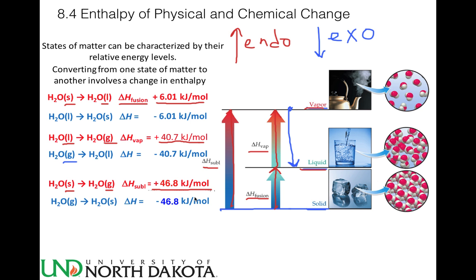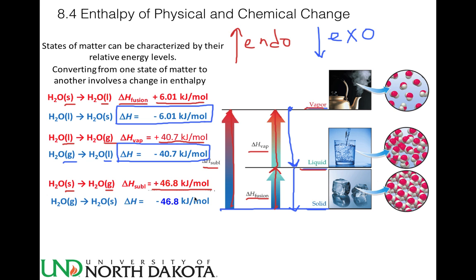Going from a gas to a liquid has a negative delta H that is the same magnitude but the opposite sign of the delta H of vaporization. Going from a liquid to a solid would be the opposite of the delta H of fusion, and therefore same magnitude, 6.01, but the opposite sign, negative 6.01 kilojoules per mole for this process.